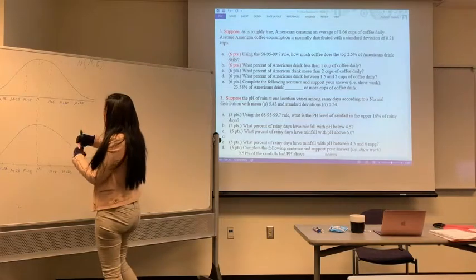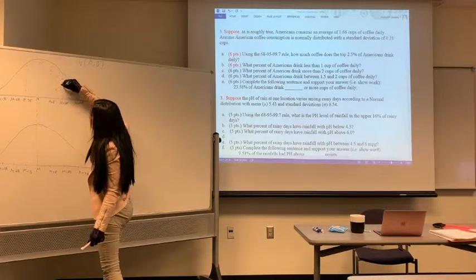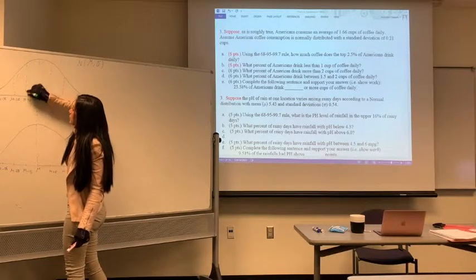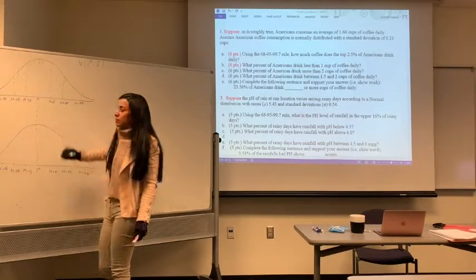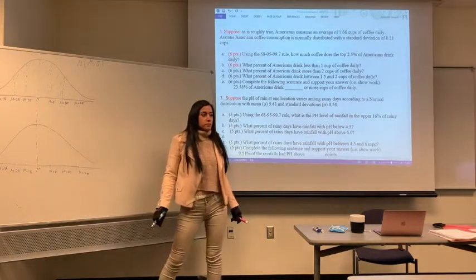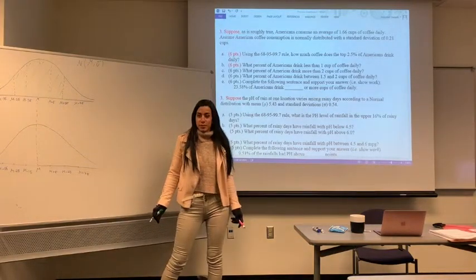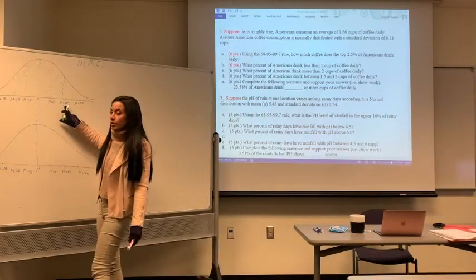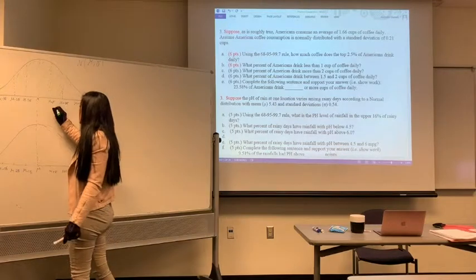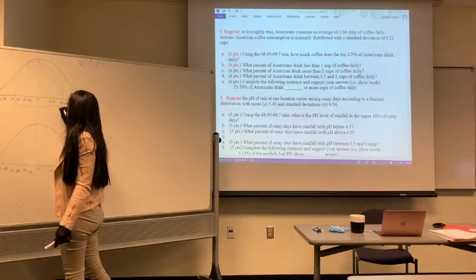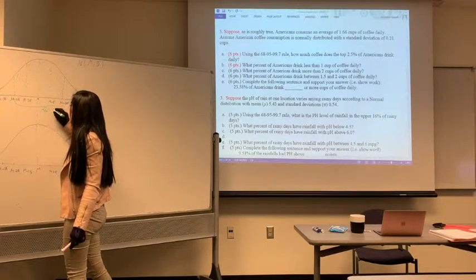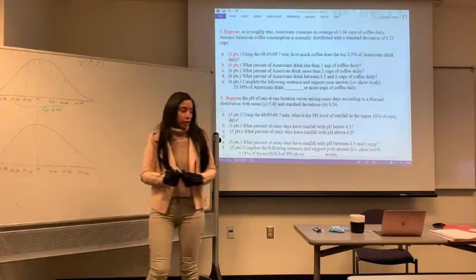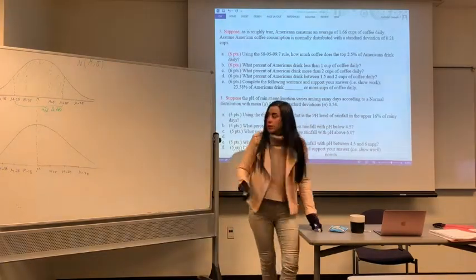Then I said from mu minus 2 sigma to mu plus 2 sigma, we have what percent? 95%, correct? So from mu minus 2 sigma to mu plus 2 sigma, we have 95% of observations. This was just kind of review.